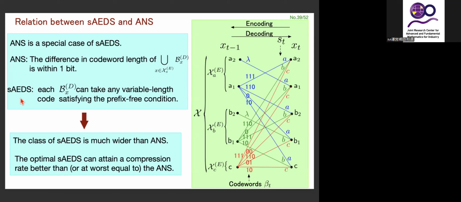However, in the case of SAEDS, we can use any variable length code satisfying the prefix-free condition at each node independently. So the class of SAEDS is much wider than the class of ANS. And therefore, the optimal SAEDS can attain a compression rate better than or equal to the ANS.